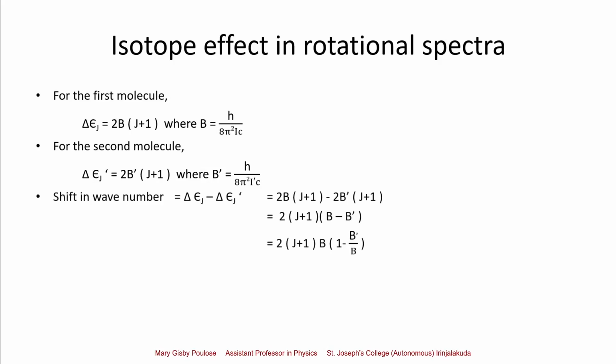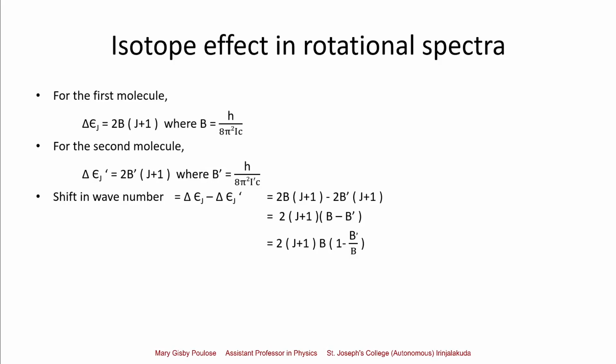Now the shift in the wave number or the energy is calculated as the difference delta epsilon J minus delta epsilon J prime. That is equal to 2B into J plus 1 minus 2B prime into J plus 1. Rearranging, we get 2 into J plus 1 into B minus B prime.